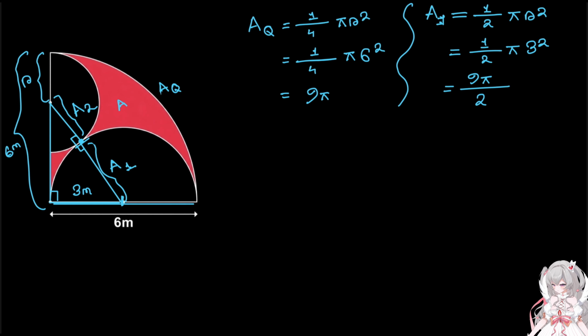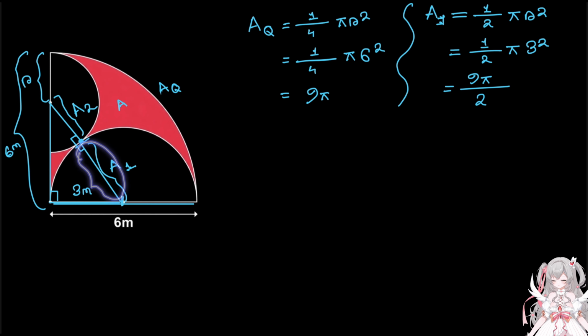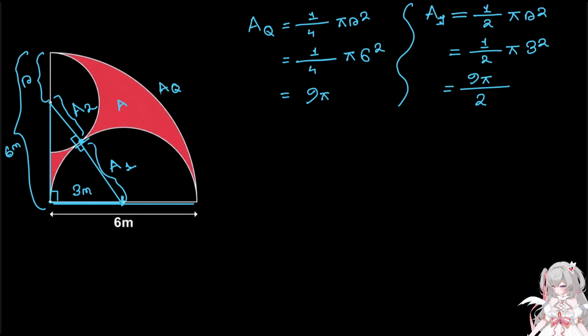And as this side is also the radius of this semicircle, we can write 3 meters here and also r here.